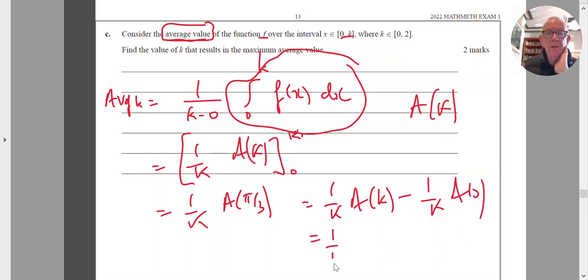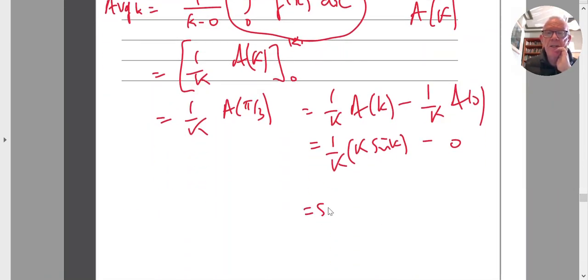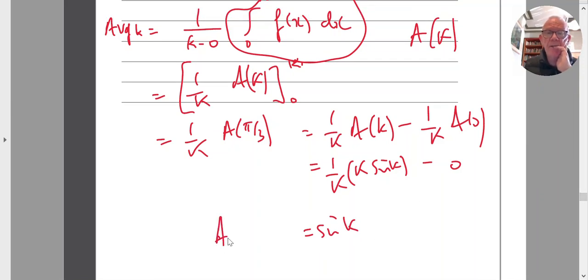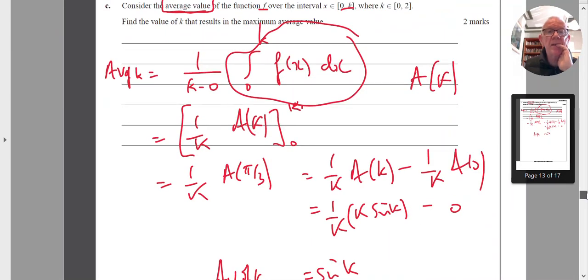So it's going to be 1 on k times k sine of k minus nothing, because the sine of 0 is 0. So it's equal to the sine of k. That's what the average value of k is, sine of k. Now the question's asking me, find the value of k that results in a maximum average value.